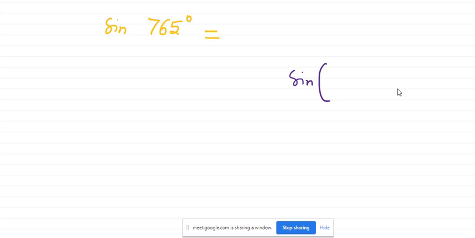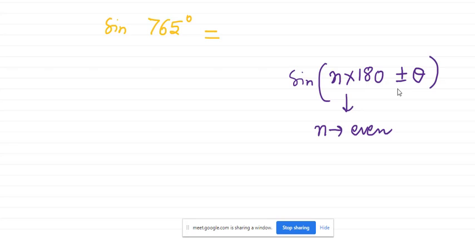See, you can break any angle like n times 180 plus minus theta. In these cases, which rule will be applicable? If your n is even, then you will apply the rules for 360 plus minus theta.